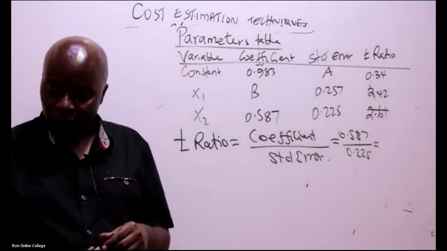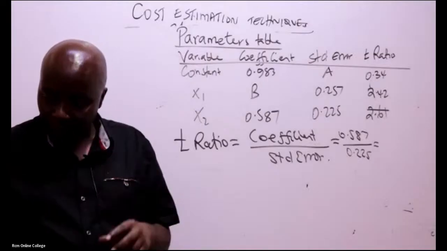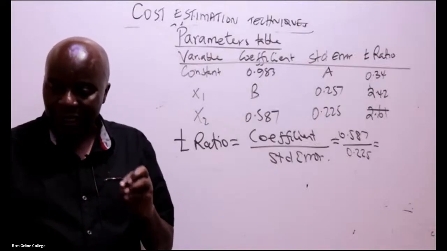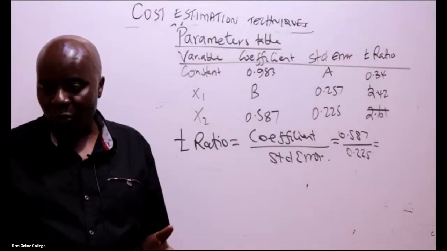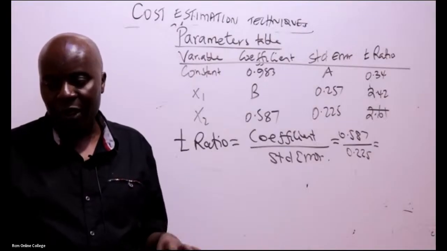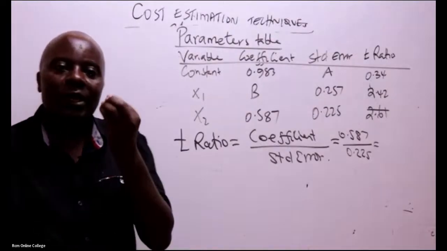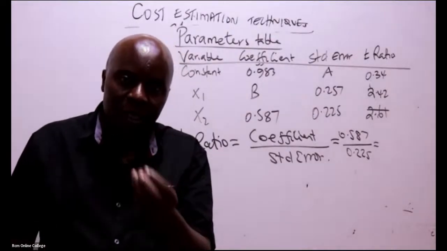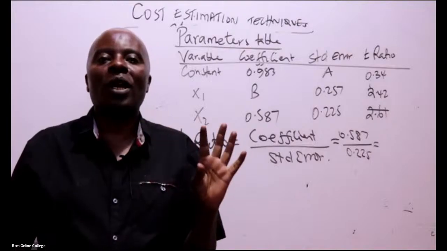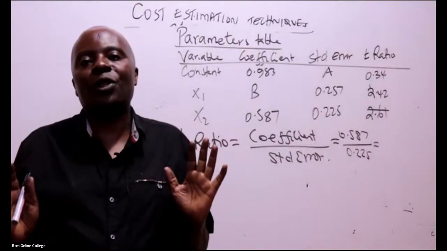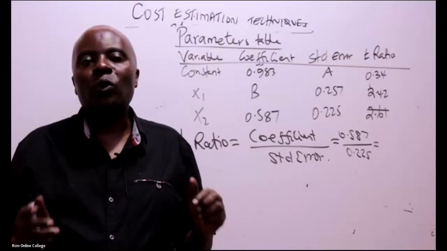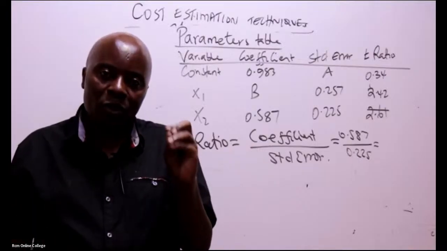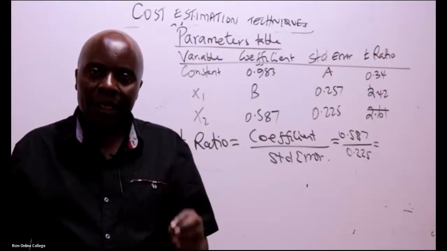Can somebody confirm that we're going to get an answer close to this? It doesn't have to be exact, there are rounding off errors. 2.608, so it is 2.61, isn't it? So what I'm coming to sell to you here this evening, ladies and gentlemen, is a simple formula, the bedrock of multiple variable regression. To get the T ratio, you always take the coefficient divided by the standard error.